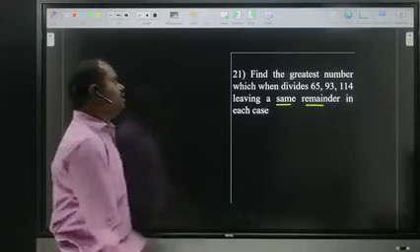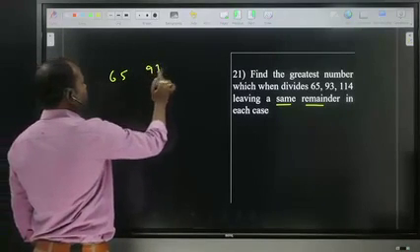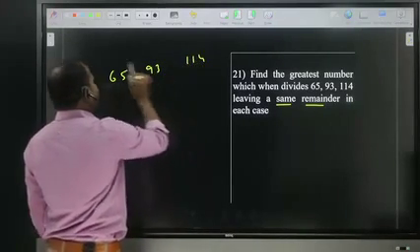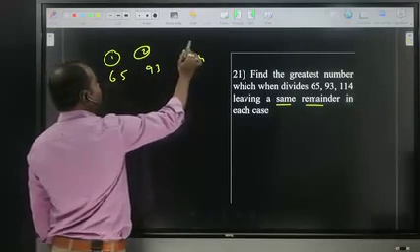Here we have 65, 93, 114: the first number, the second number, the third number.